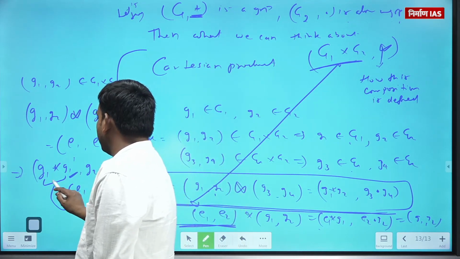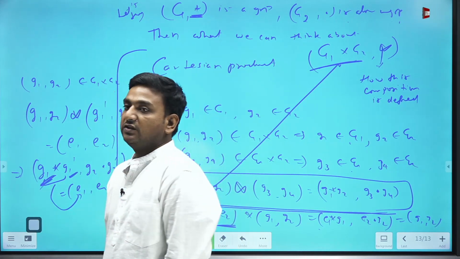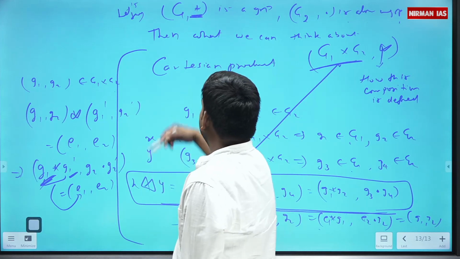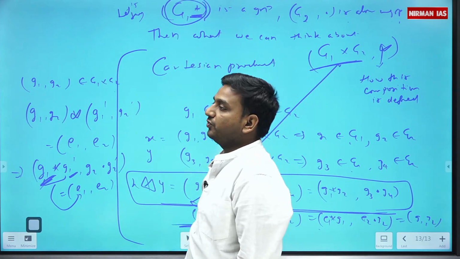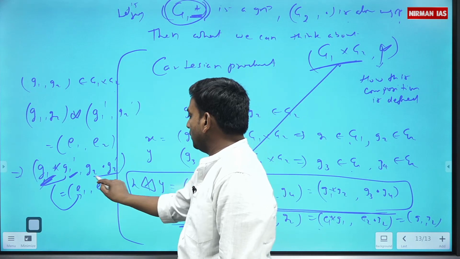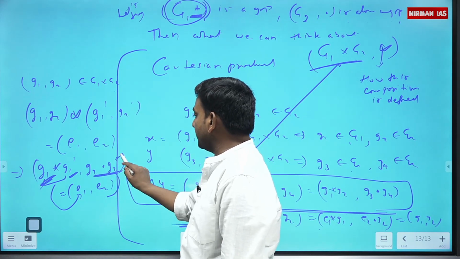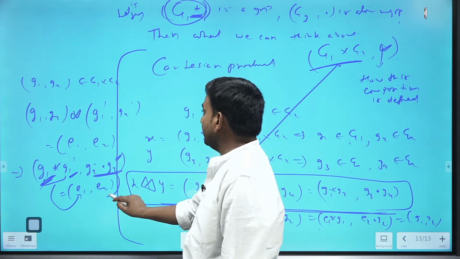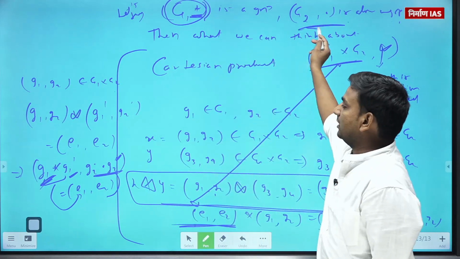That means g1 dash is the inverse of g1 in the first group, and g2 dash is the inverse of g2 in the second structure.